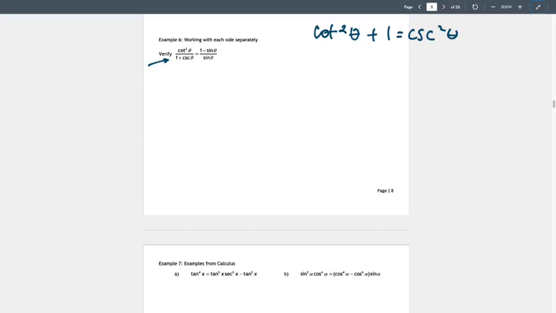I'm looking at all the trig terms here, and they have only those in common. So I'm going to take this cotangent squared on top and change it to, if I move the 1 over here, cosecant squared theta minus 1 over 1 plus cosecant theta.